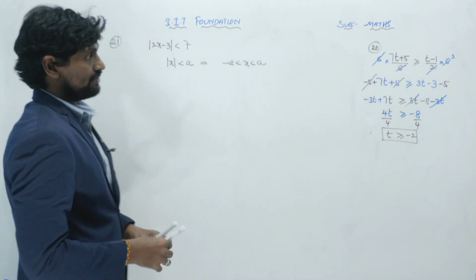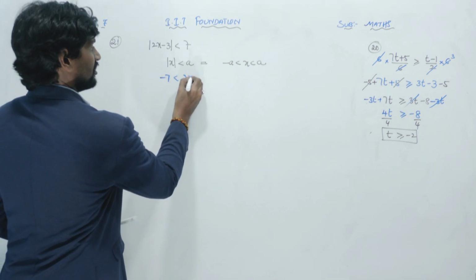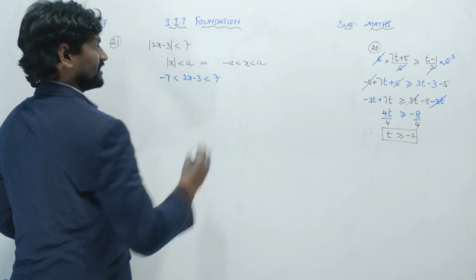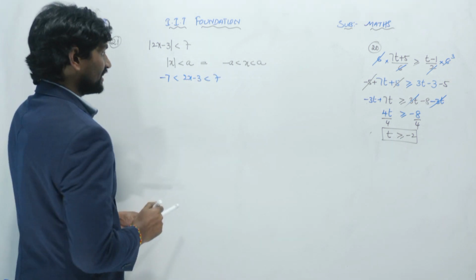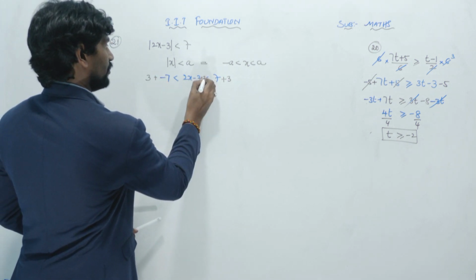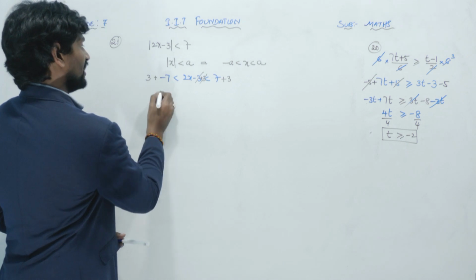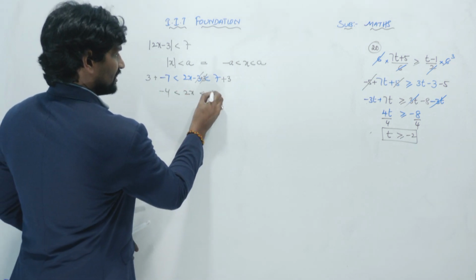So according to the same condition, we can write minus 7 less than 2x minus 3 less than plus 7. Again, to remove minus 3, add 3 on both sides, in each and every part. So minus 3 plus 3 cancel. 3 minus 7 means minus 4, less than 2x less than 10.